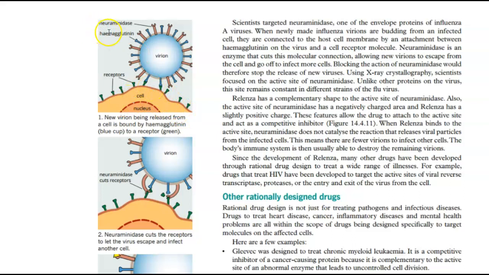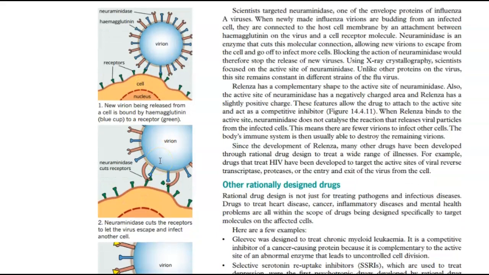So this little surface protein that it has called hemagglutinin, it has a shape and the ability to grip onto the receptors on the surface of the host cell, holding the virus in close proximity and allowing it to deposit its DNA into the host cell.